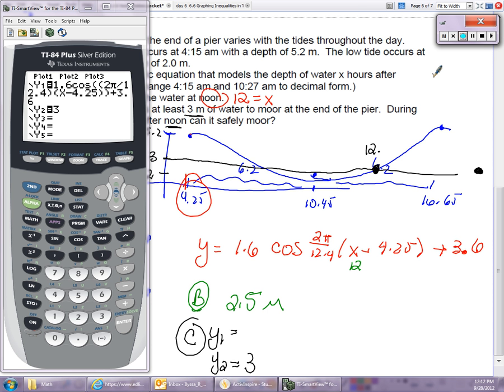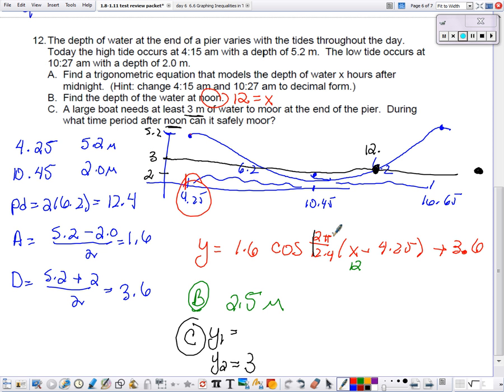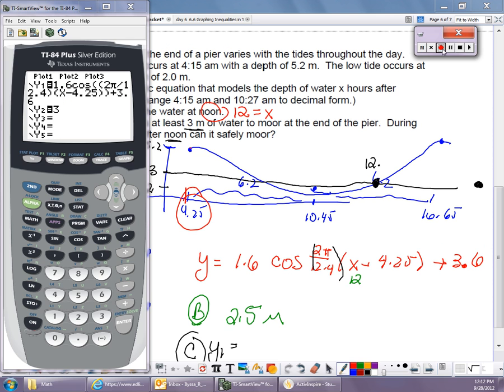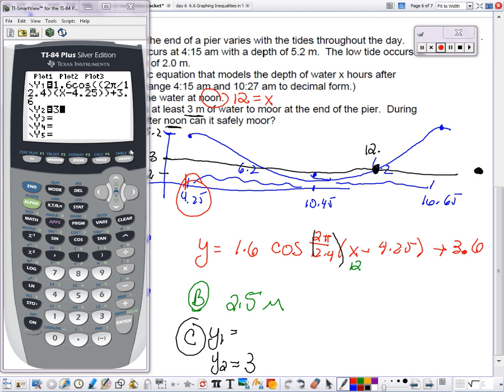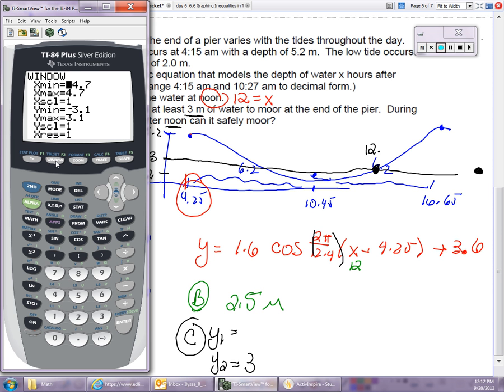Okay, I thought because some of the buttons can get tricky, I would load my computer to show you how I'll actually use my calculator. When you type this in, make sure you have parentheses around your fraction. And then in y2, I put the 3. And now for my window, I'm going to stop and think about the situation to put in the actual numbers.